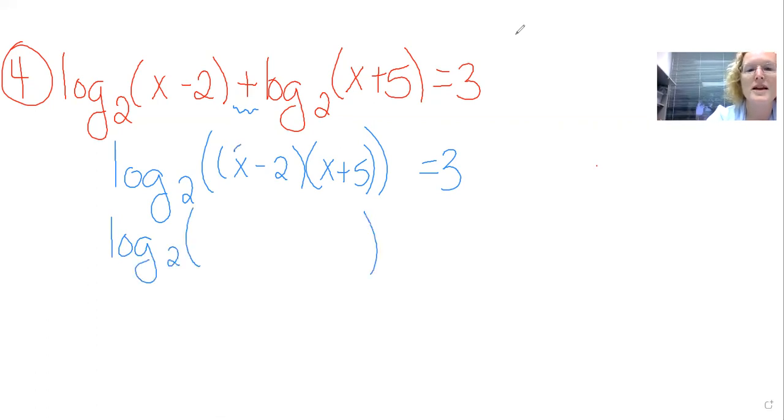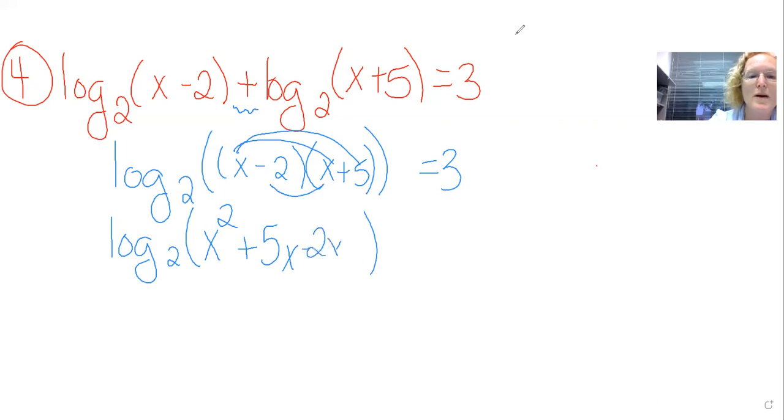So FOIL stands for first times first. So x times x is x squared. And then if we do the outsides, x times 5 is 5x. And then if we do the insides, negative 2 times x is negative 2x. And then if we do the last, negative 2 times 5 is negative 10. And then this equals 3.